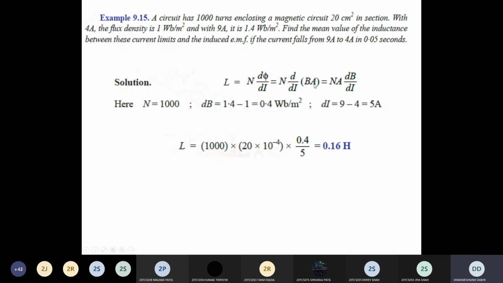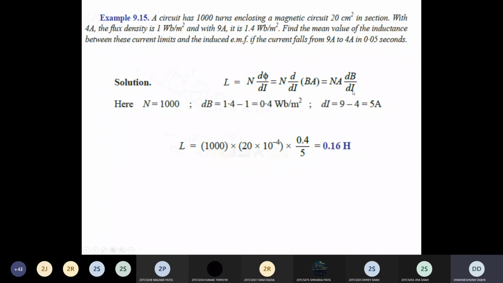Phi is replaced by B into A, because flux density is flux divided by area. So here flux is replaced by B into A. Area is always constant, so you cannot differentiate this area. So N and A both are constant, so here it is rate of change of flux density divided by di. So the equation of inductance becomes N A dB by di.